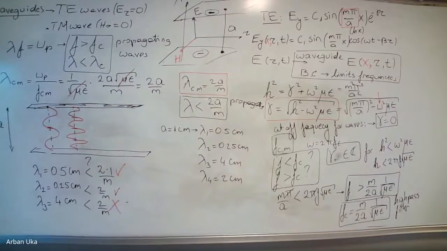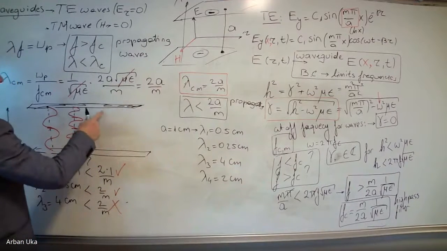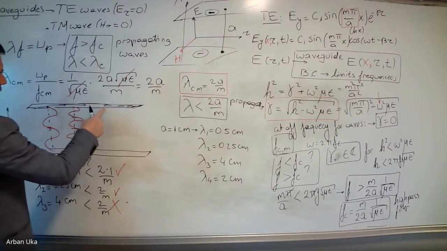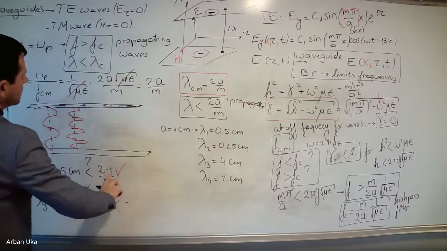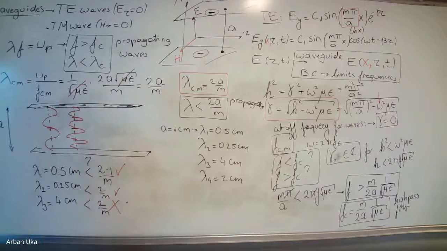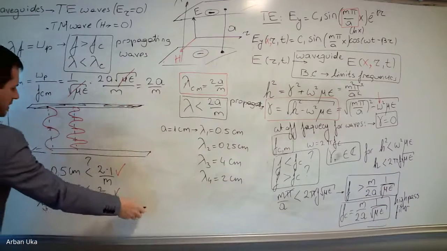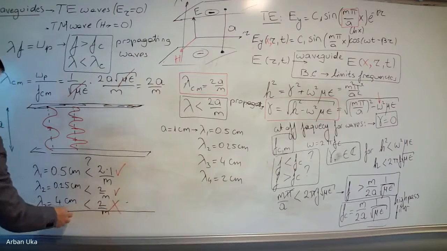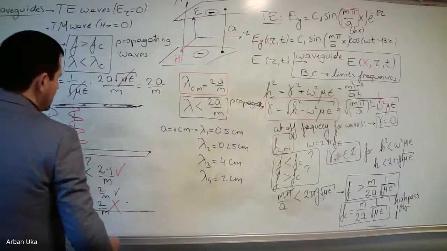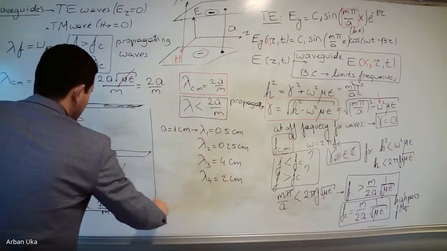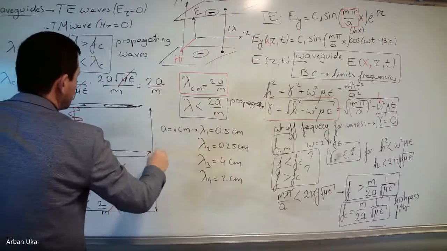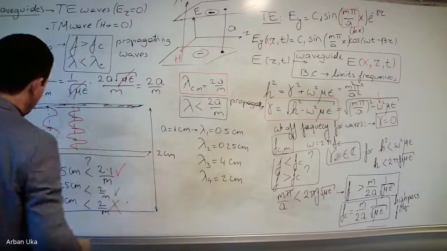So a wave with a wavelength of 4 centimeters, if we try to draw it, is going to be something like this. This is 1, 2. Now this will occupy a lot of space, but let's assume that this is 1. This will be somewhere like here, and this distance is going to be like 2 centimeters.